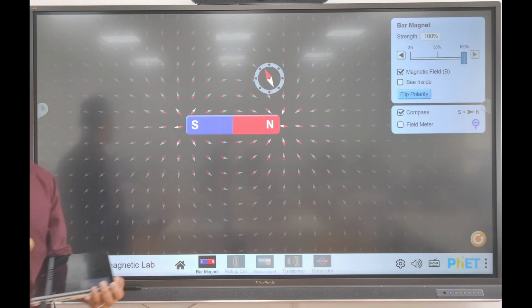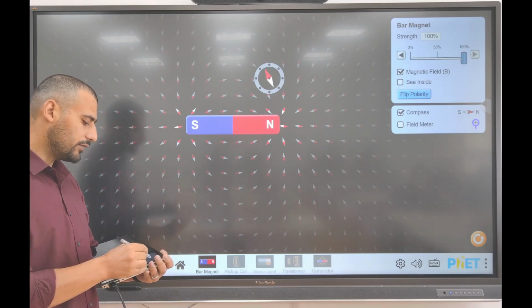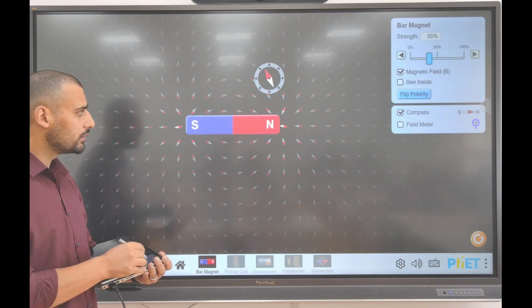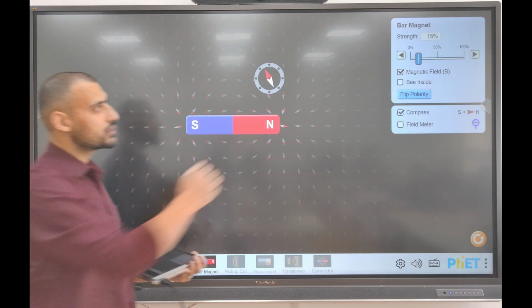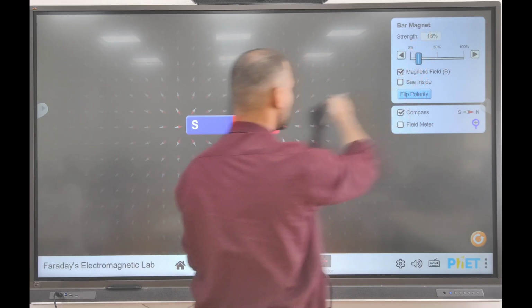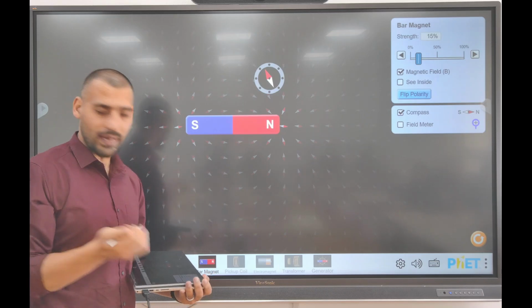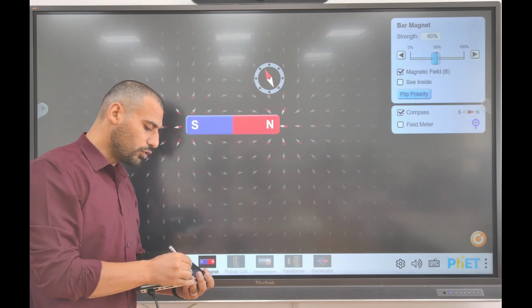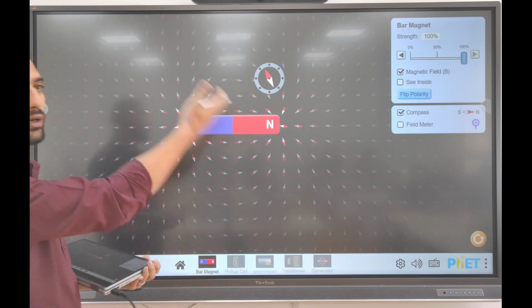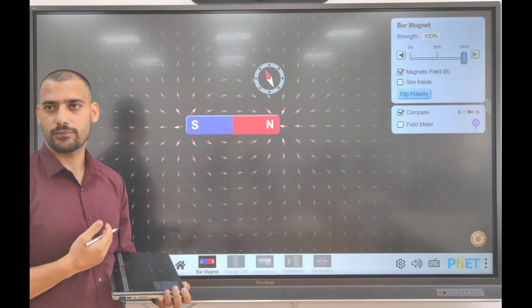Yes. If I decrease the strength, see, they'll fade away, right? The strength is 15% and you're seeing less number of field lines. But when we have a strong magnet, strong means its strength is more. See what is happening? More number of field lines are visible, isn't it?